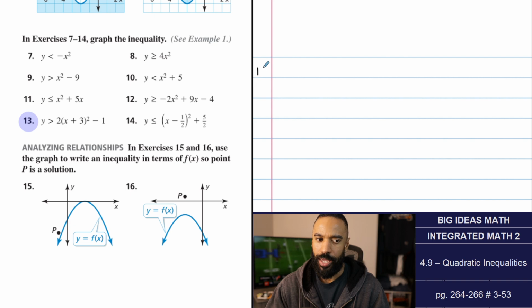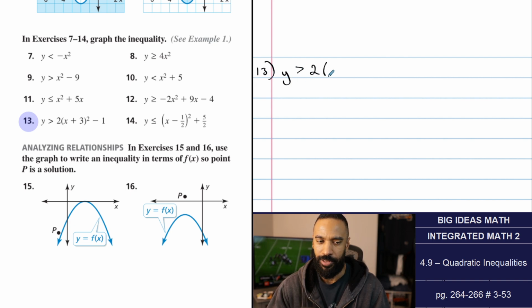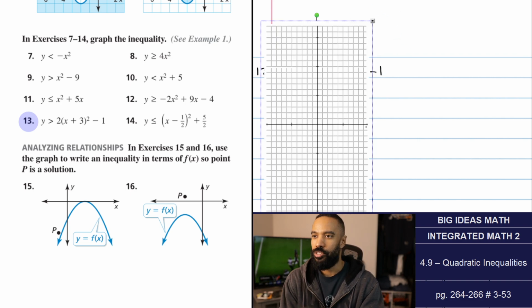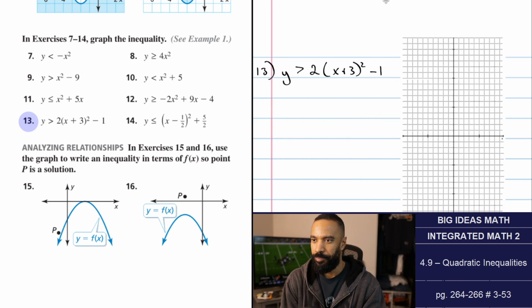Okay, vertex form. So we got a couple vertex form problems. Probably better for us in general. We just use the stretch factor after that. And these numbers are good. So on number 13, I have a vertex at -3, -1.